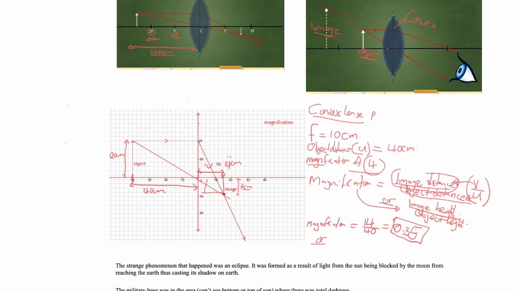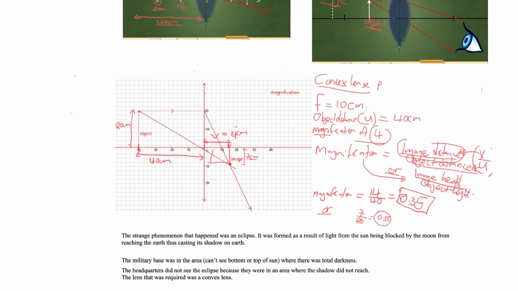Now you can say that is 7, which is the image height, out of the 20. Still, we shall come up with 0.35, which is our magnification.